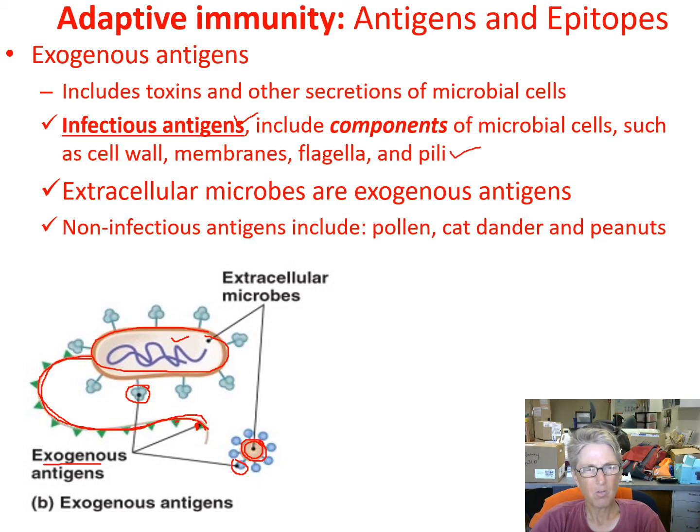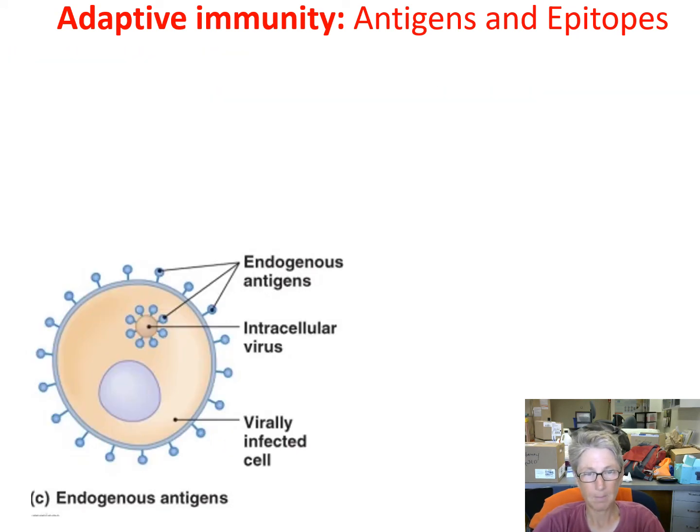And this is kind of tricky. It says here extracellular microbes are exogenous antigens. More specifically, extracellular microbes have exogenous antigens in their cell wall and plasma membrane. Those are infectious antigens. If you are a non-infectious antigen, you would be like pollen, cat dander, peanuts. So those would not be infecting antigens.